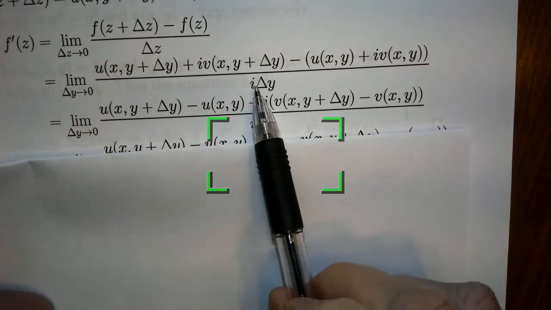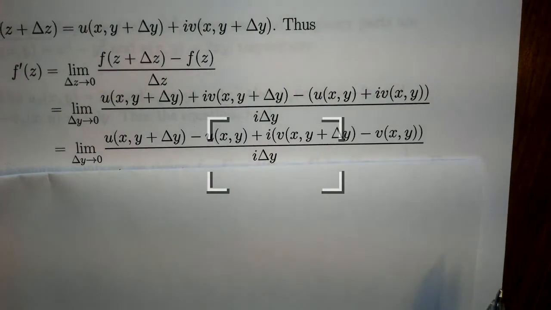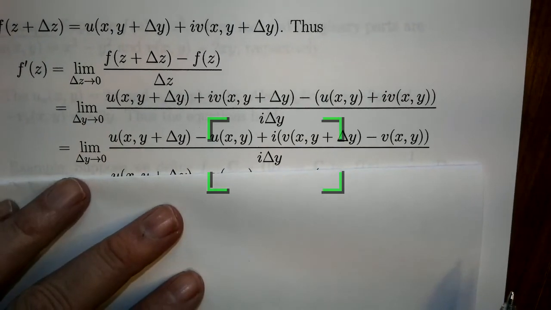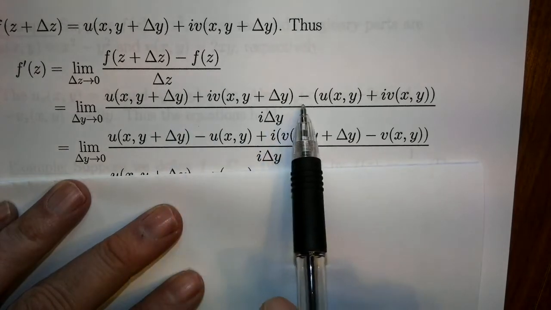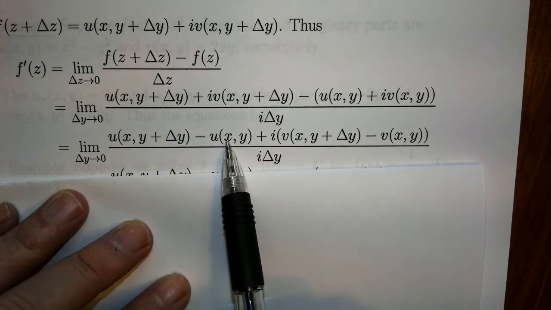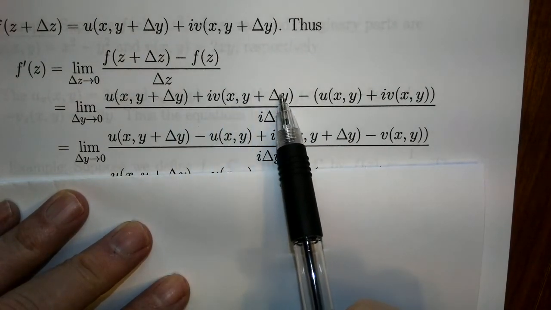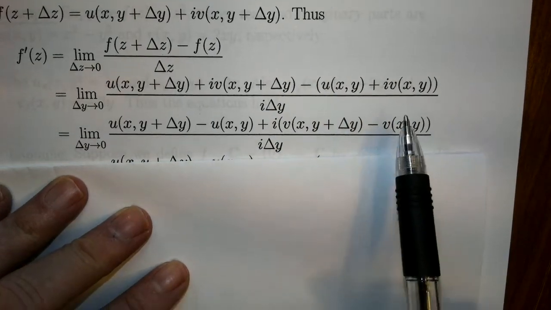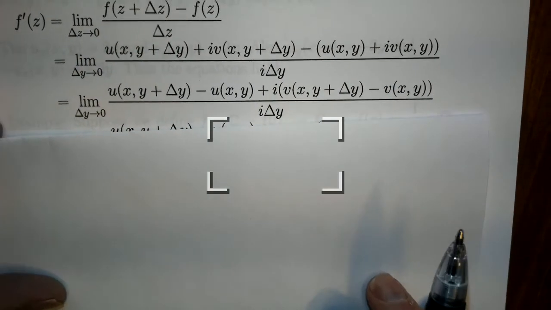So delta z becomes i delta y. And again, we're going to group like terms. We're going to combine this term and that term right there. We're going to factor an i out and combine this term and that term right there. And all of this is over i delta y.